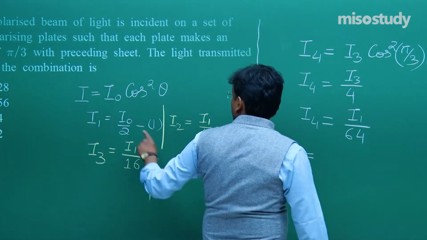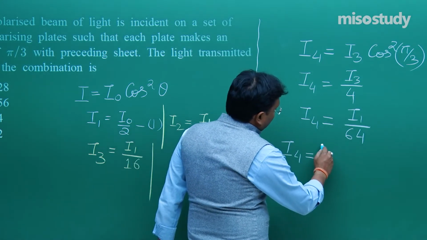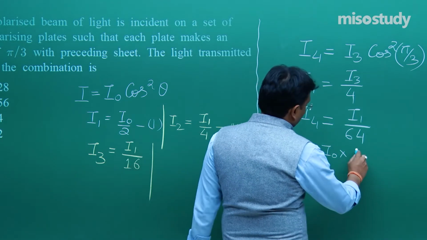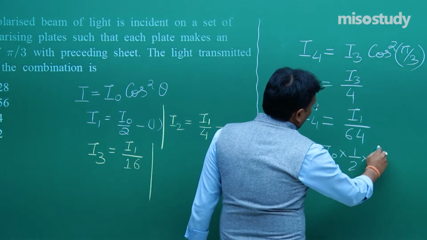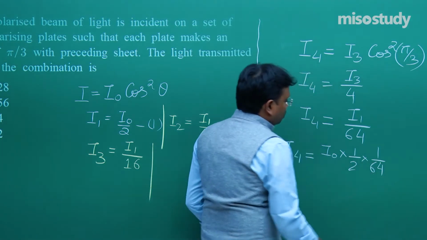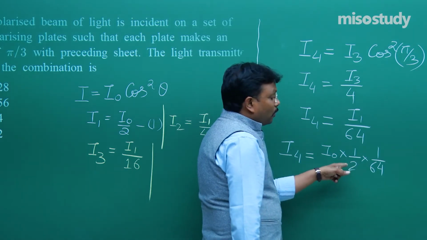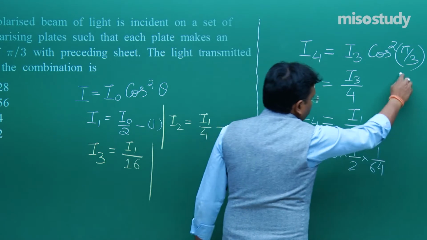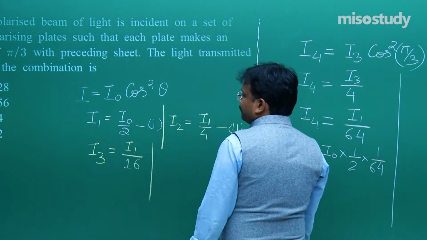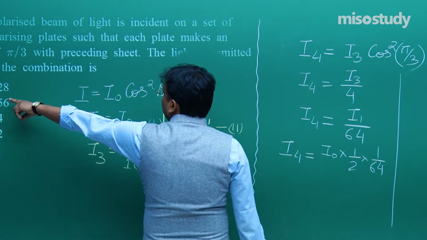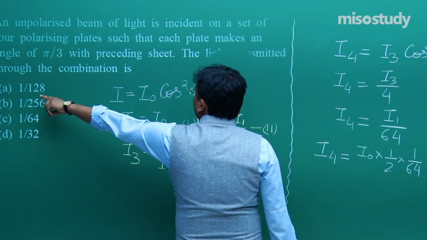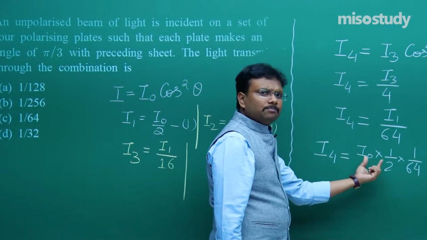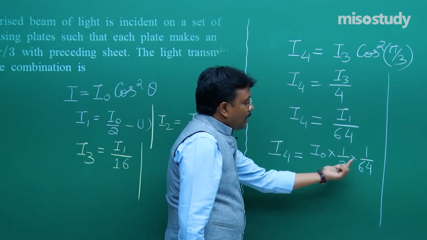I1 is I naught by 2, that is I naught into 1 by 2 into 1 by 64. So it is going to be 64 into 2, that is 128. So finally, you can say the correct answer is A, that is 1 by 128. Either you can use 1 or you can say I naught value as per the requirement of the problem.